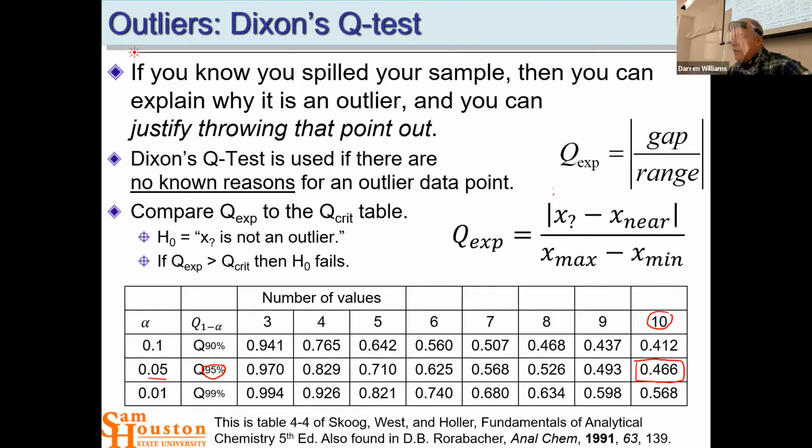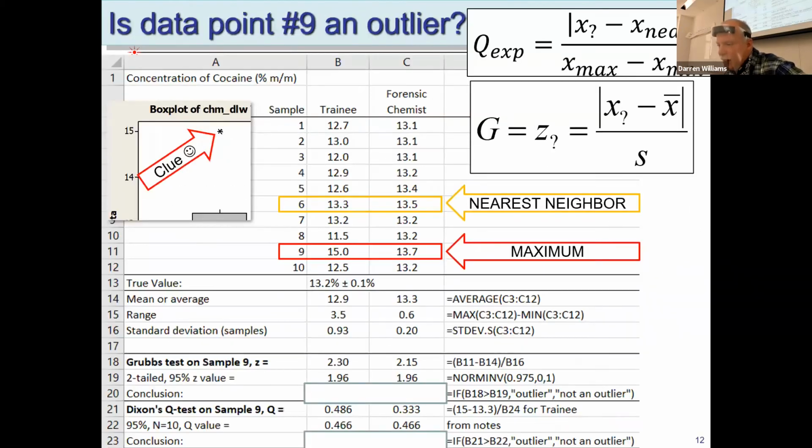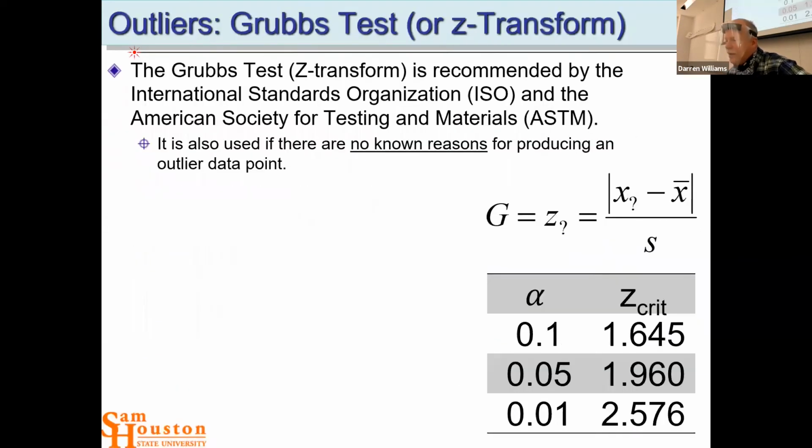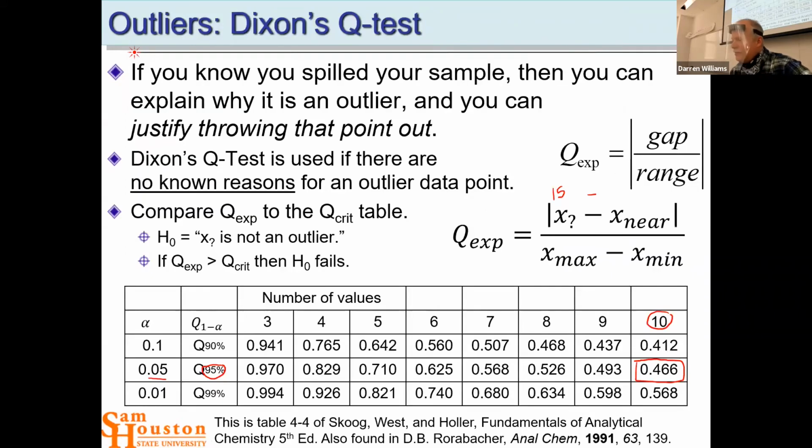We'll take that 15 and we'll subtract the data point that's next to it. I think the next highest one, we'll have to go look at the data. Let me pull it up real quick just to see. 13.3, okay. So this next nearest value was 13.3.